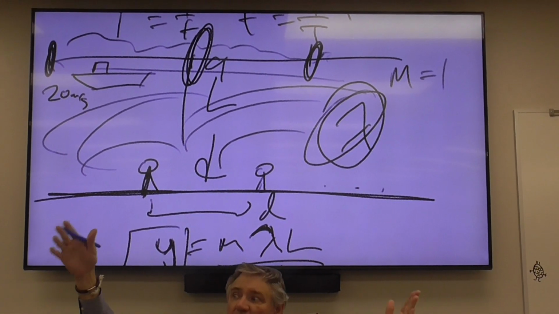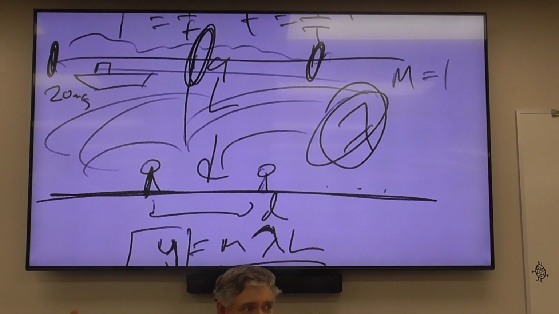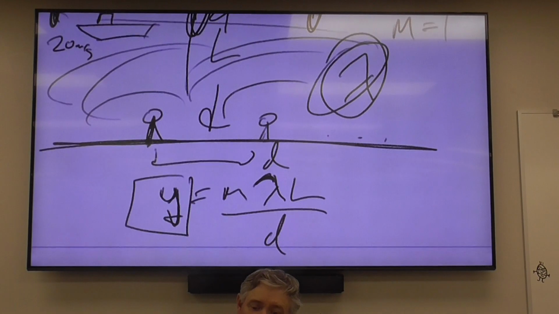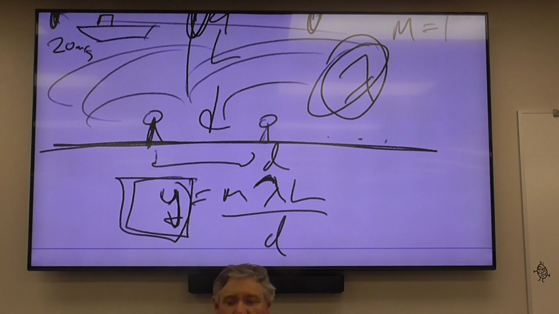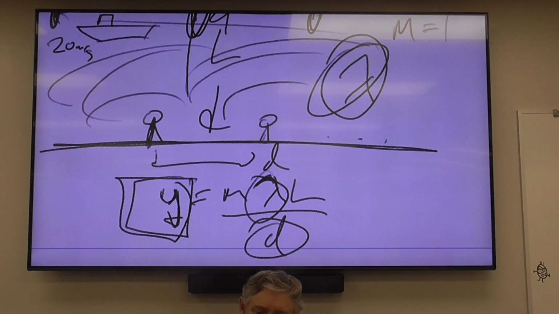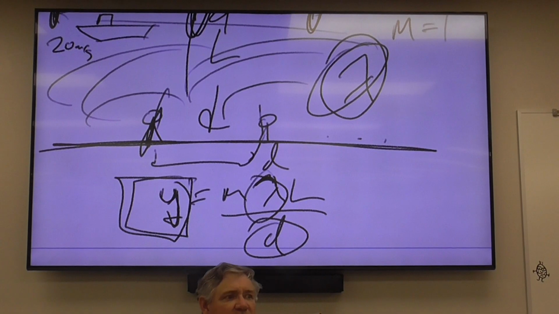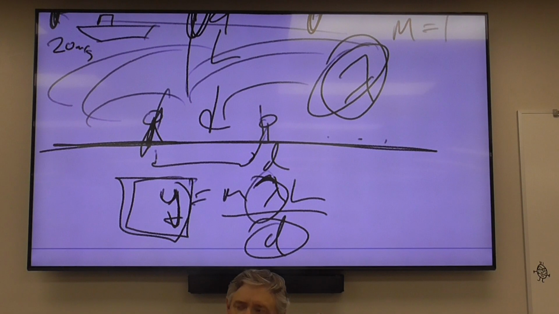This is how far apart these relative maximums are. You know the wavelength, because you have to know the wavelength of the radio signal. That's the whole point. And you're going to know how far apart those antennae are. So what's the only variable that you need to solve for if you're the navigator on the boat?